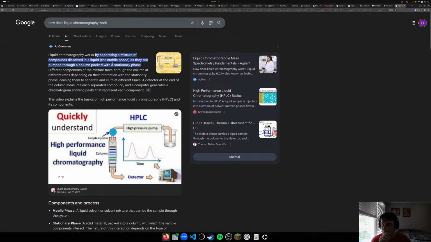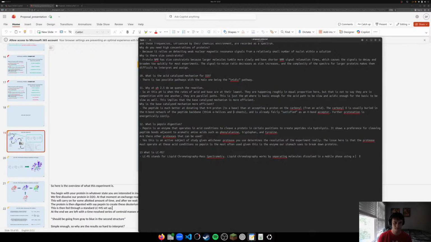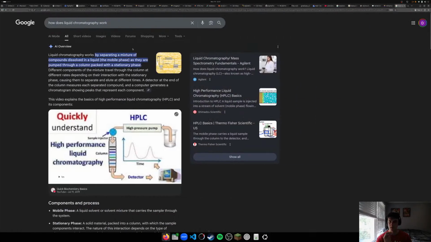Liquid chromatography separates molecules dissolved in a mobile phase as they are pumped through a column packed with a stationary phase.